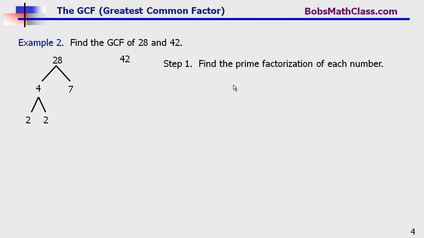Maybe you use 2 and 14. It doesn't matter. You'll still get the same result here. 6 times 7 for 42. So 28 is 2 times 2 times 7. And 42 is 2 times 3 times 7. Again, you might want to pause, make sure you work through that. And then when you're ready, click back on play.